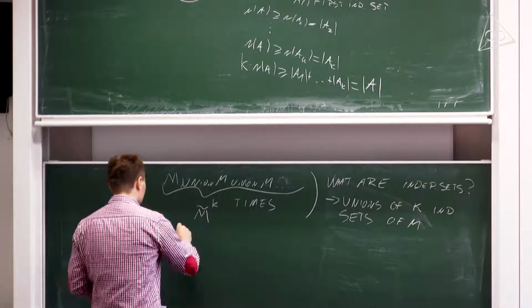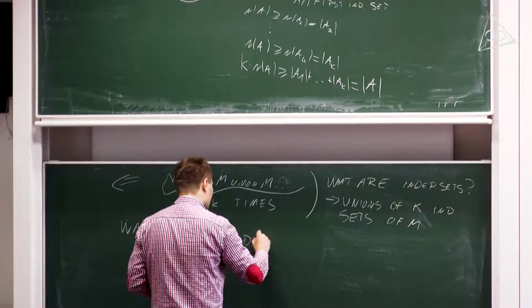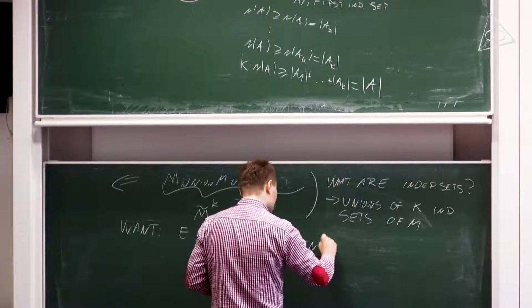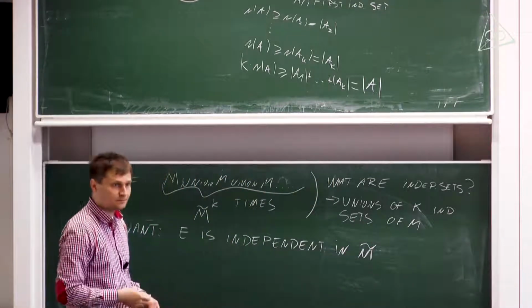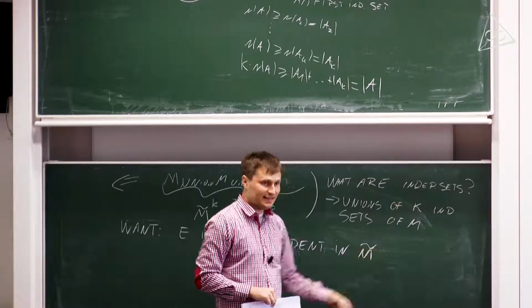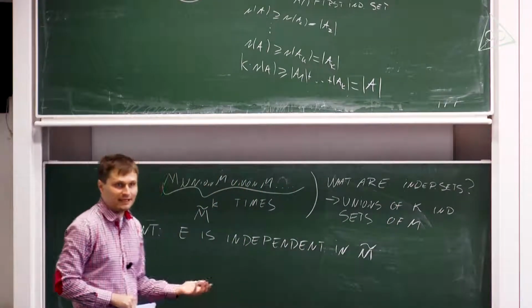We want that E is independent in M tilde. We want to present the set as a union of k independent sets, so we want to prove that it is independent in the union of k times the matroid.